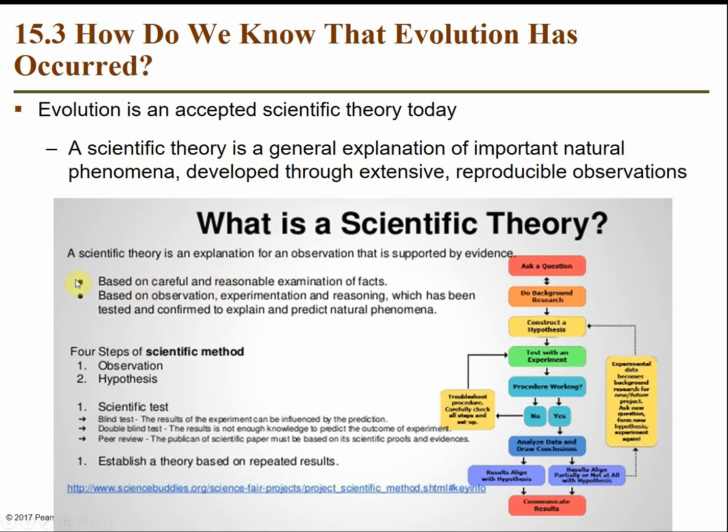It's based on careful and reasonable examination of facts, using experimentation and reasoning, and having repeated results. That's the key of any scientific thought: you have to be able to repeat the results. We don't have any dissenting results from what we know about this theory.